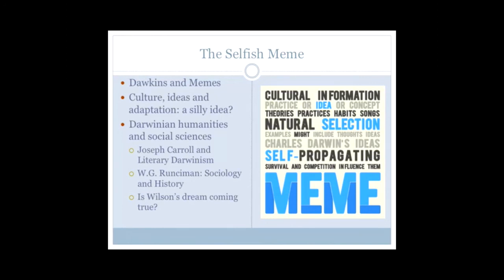I think this points towards the real problems and the real controversies that emerge out of Darwinism. We've seen them emerging time and time again. What is the relationship between society and culture and our evolutionary inheritance? What does it mean to have come out of primates? What does that imply for the way that we behave and the kind of things that we do?